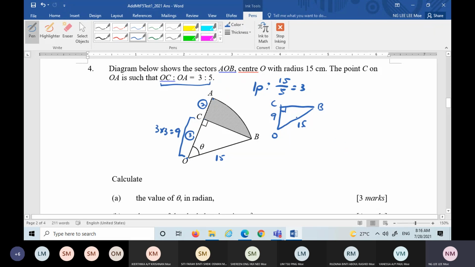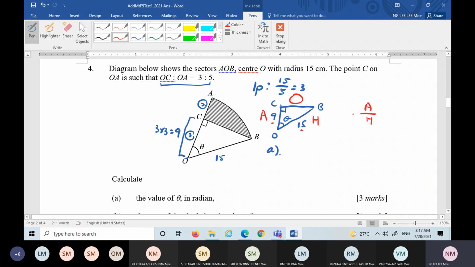So from here you will be able to get the angle theta by using trigo. Here this is opposite of the angle. Then this is opposite the right angle, so this is the hypotenuse. Then this one will be the adjacent. So the ones that I have are the A, which is 9, and the H, which is 15.